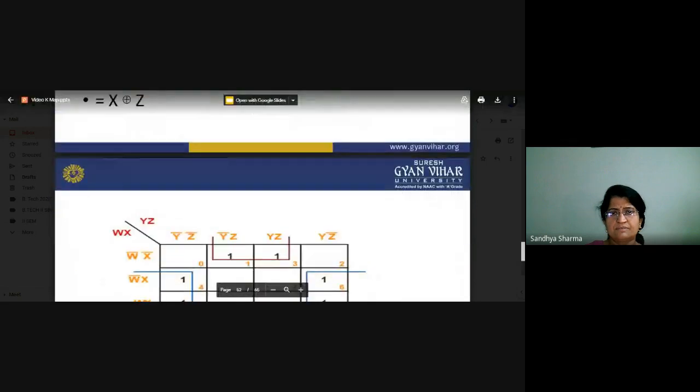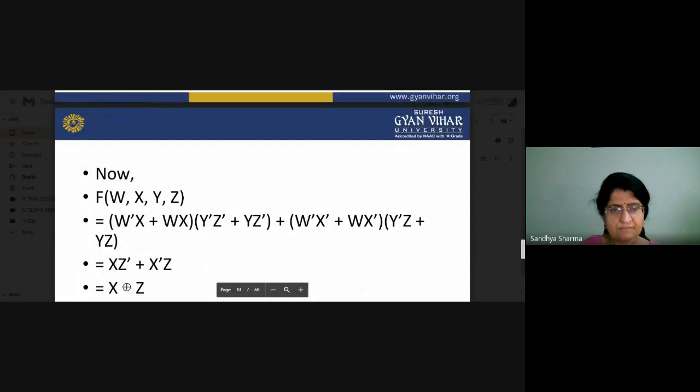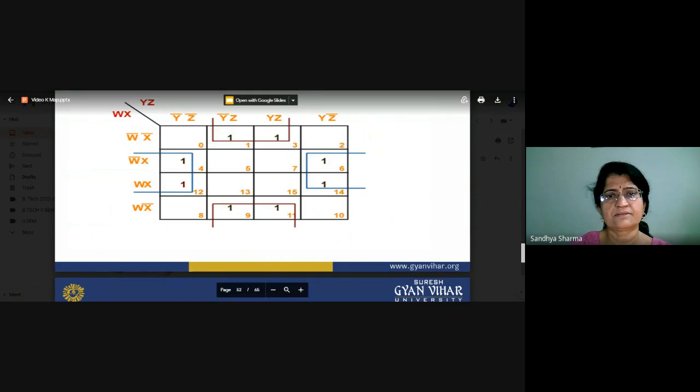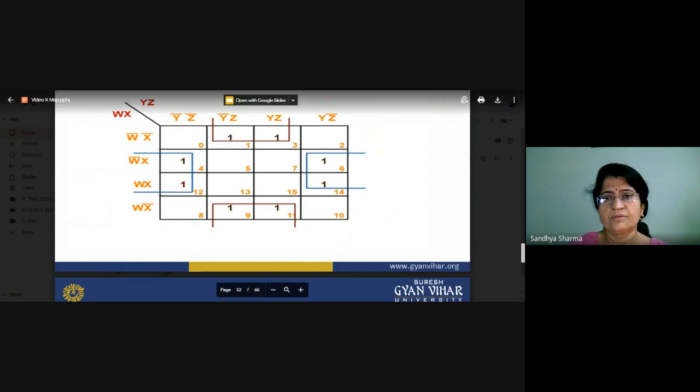Just see here, we can solve it. And this is the basic equation, x z bar plus x bar z. You can make a group this way. There is nothing common in all, not even the center point. There is nothing to pair with the outside pattern.